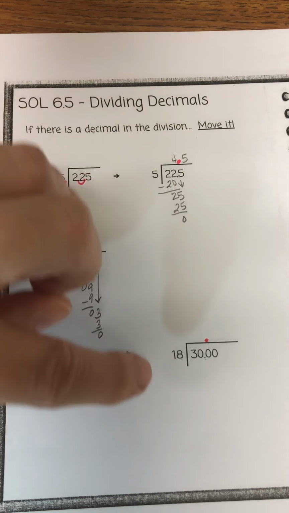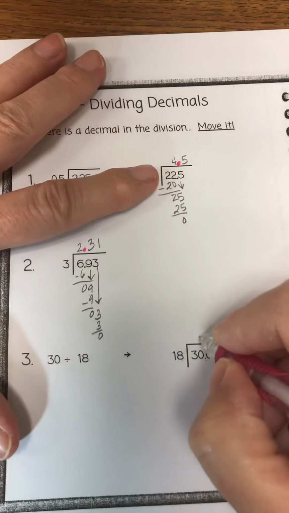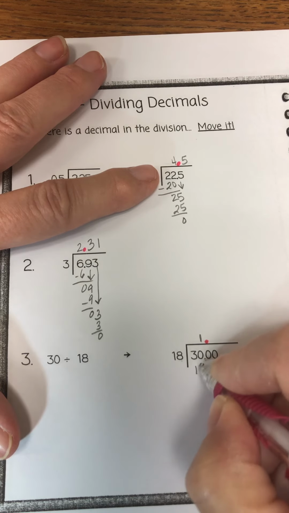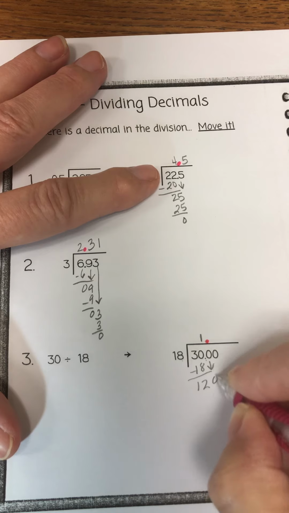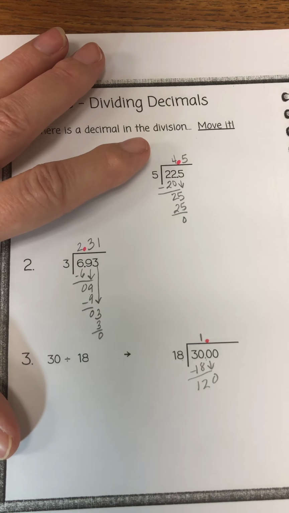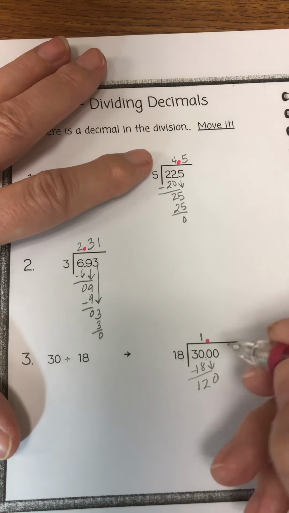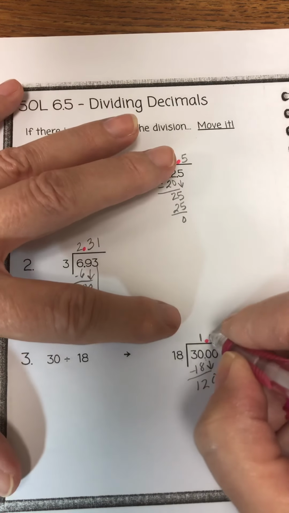Okay, so 18 will go into 30 one time, and that will leave you with 12. So bring down that 2. Okay, and this will go 6 times.